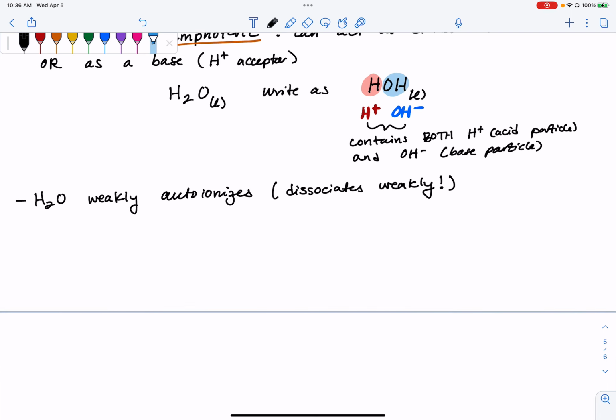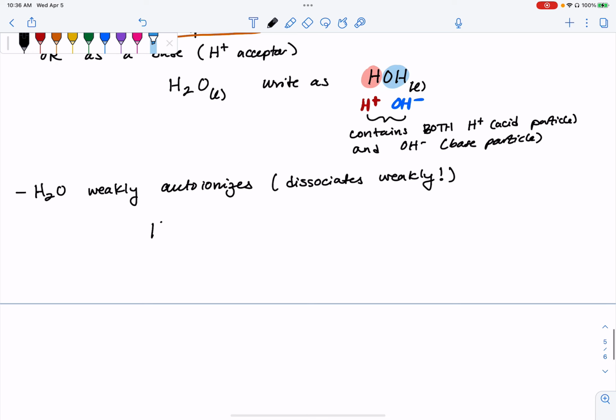So if I were to write this autoionization of water, HOH liquid, I would show a partial dissociation into our acidic particle and our base particle. So this is the autoionization or dissociation equation for water.